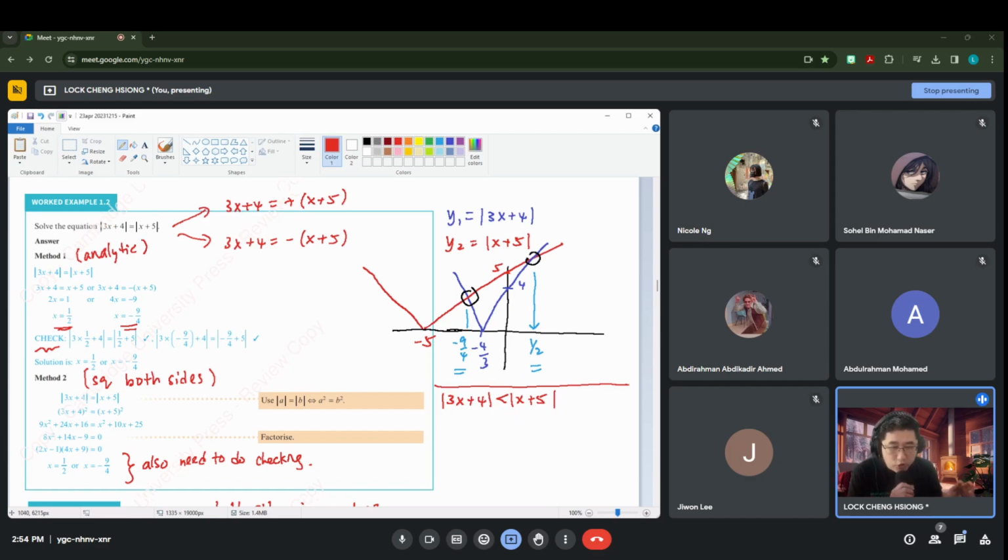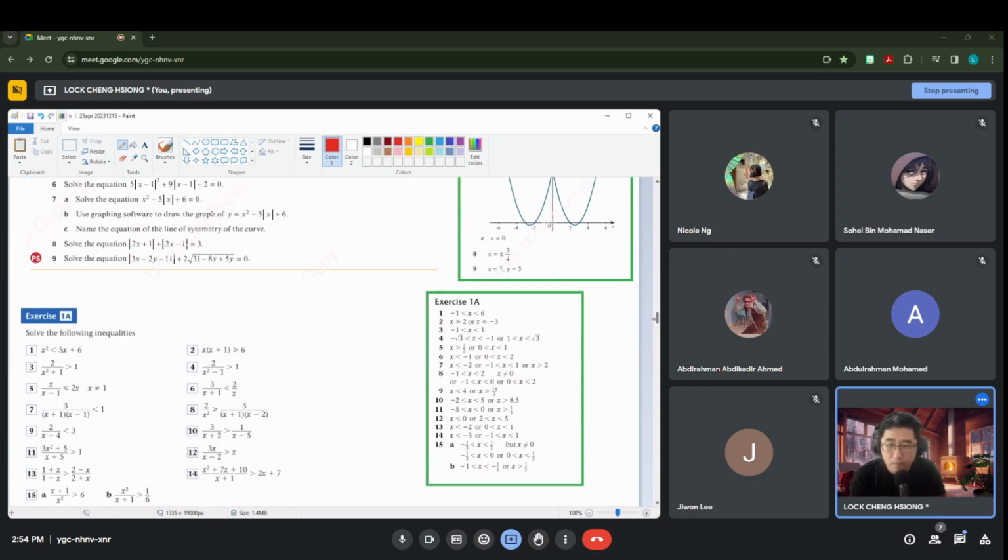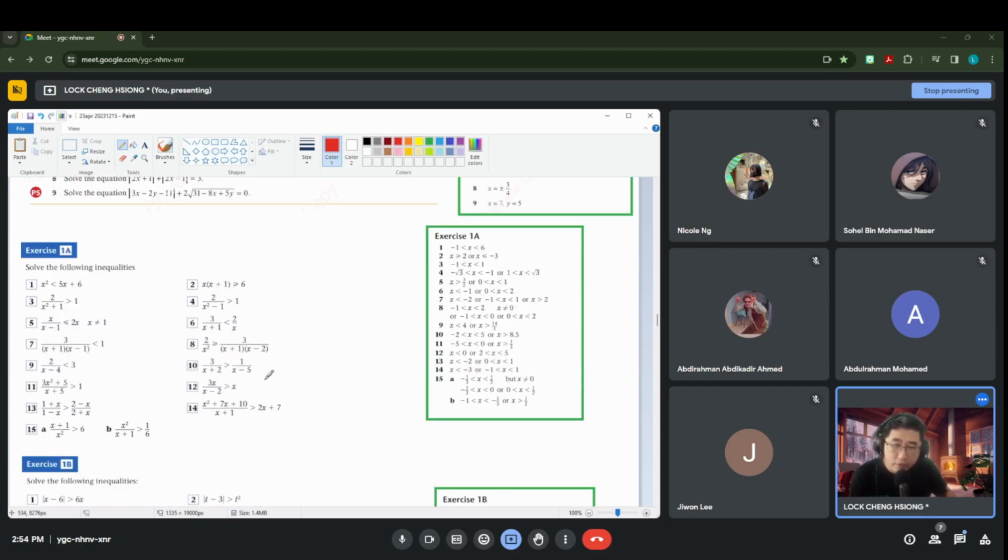The strategy is, we solve the equation first, we deal with inequality later. Whatever the question that you have here, you solve the equation first, and only then we deal with the inequality.